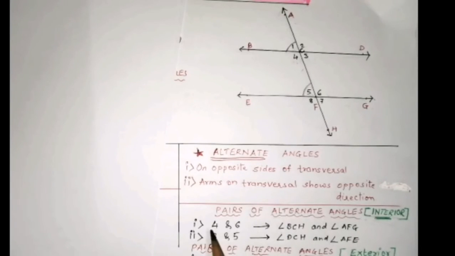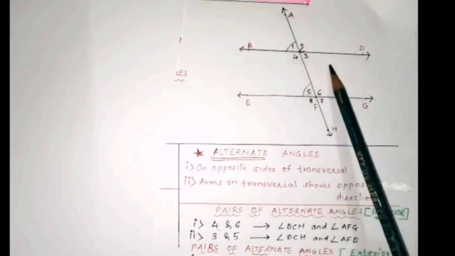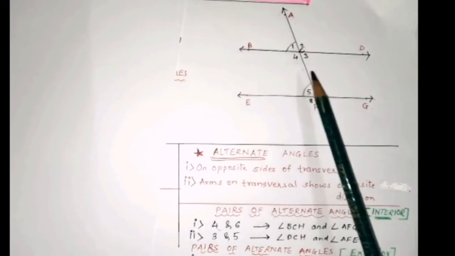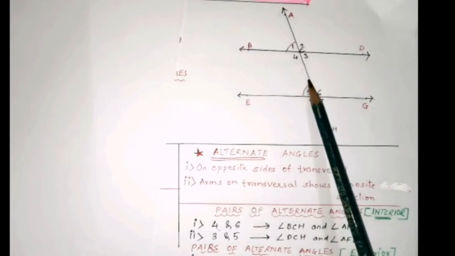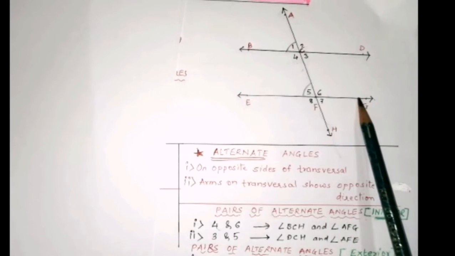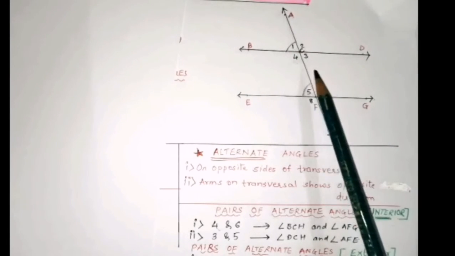See the example here, angle number 4 and 6. Angle 4 and 6 are on the opposite side of transversal. 4 is to the left, 6 is to the right. Arm of angle 4 on the transversal shows downward direction. Angle number 6 on the transversal is upward direction.